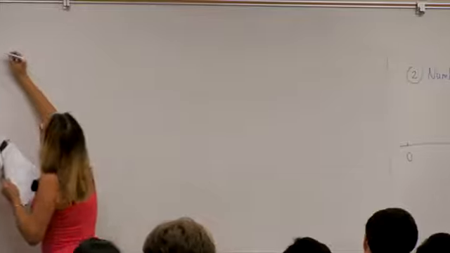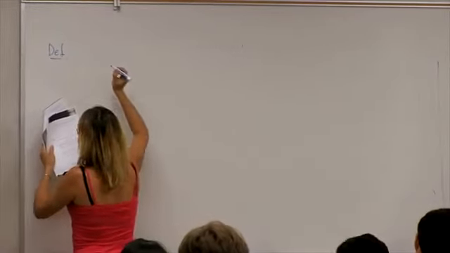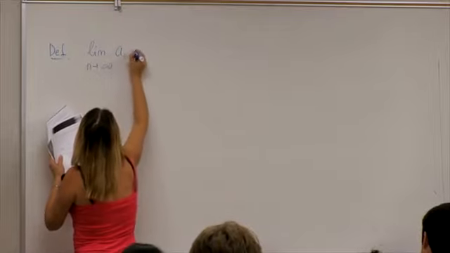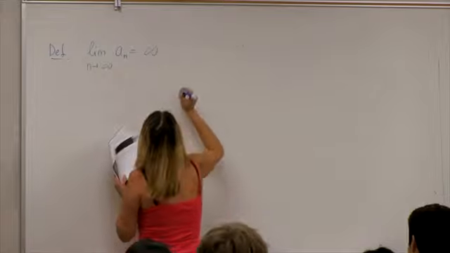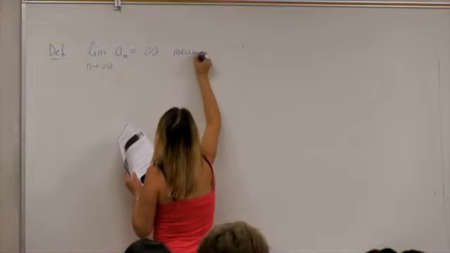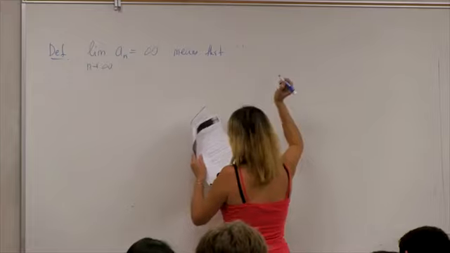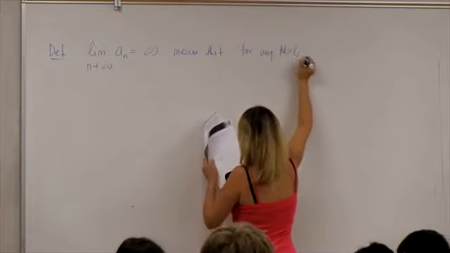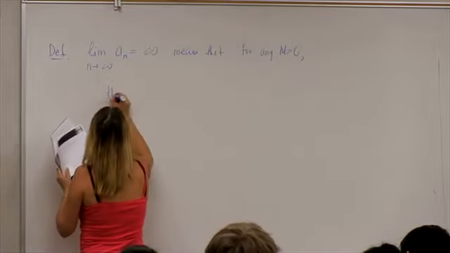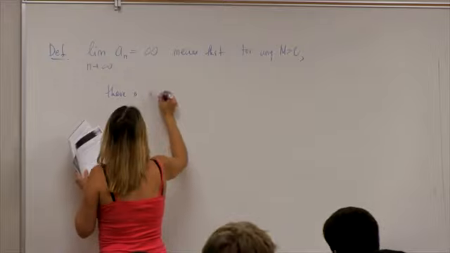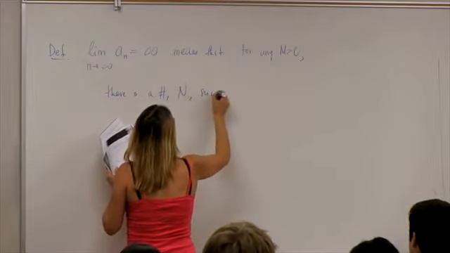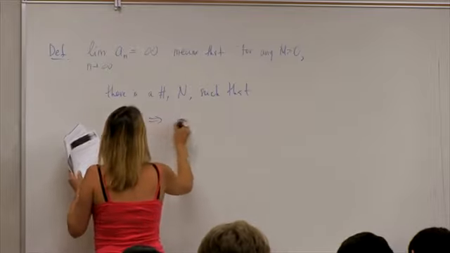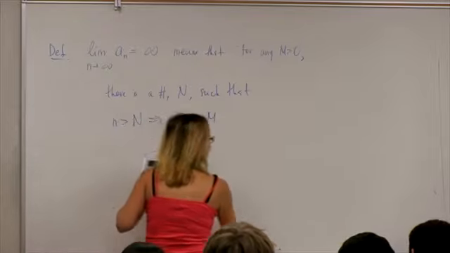So, definition: if we say that the limit as n goes to infinity of a_n is equal to infinity, this means that for any M, there is a number N such that if n is greater than N, a_n is greater than M.